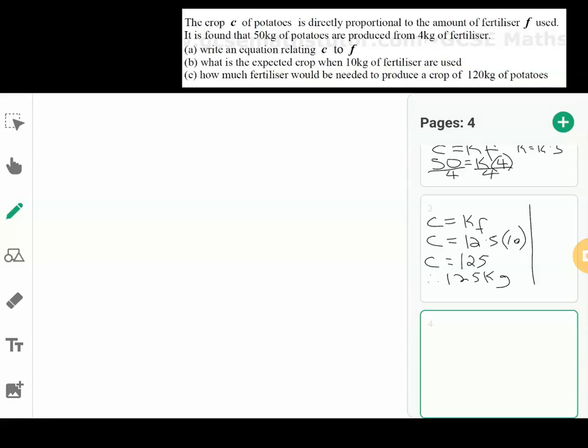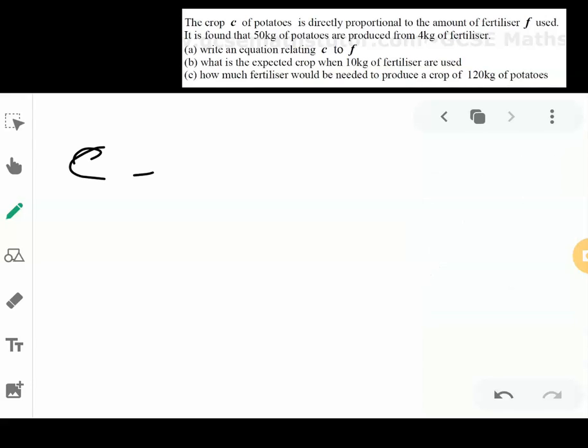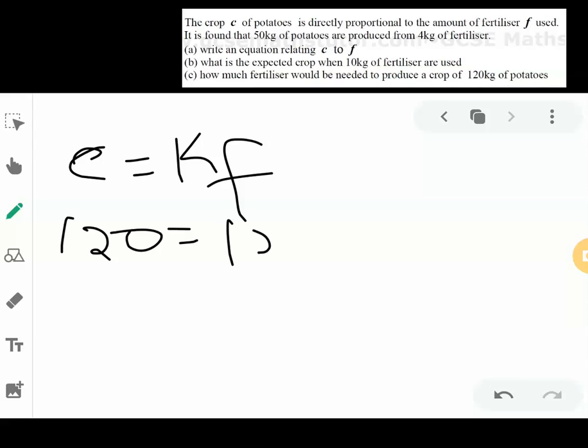So write the general equation C equals KF, and they want you to find the fertilizer that will be produced for a crop of 120 kg. So C is 120, K is 12.5, and F is what we want to find.